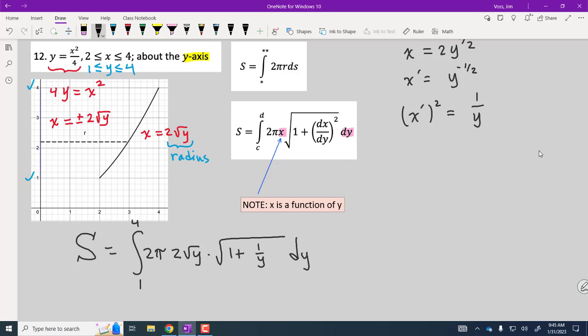What if you're not given a curve? Would you be given a different equation? Well, up here they give us the curve. They have to give us the curve that we're going to rotate. And so if we're going to change the perspective, so here they gave it to us as a y value. If we're going to rotate around the y-axis, we want to write this as an x value, then we'd have to do some manipulation.